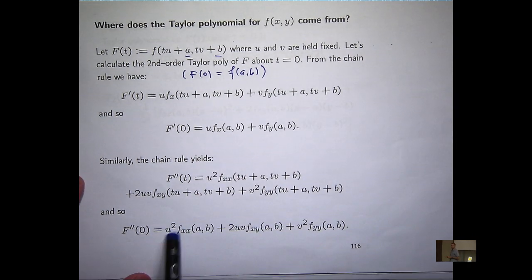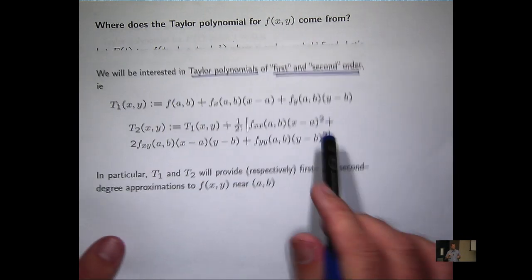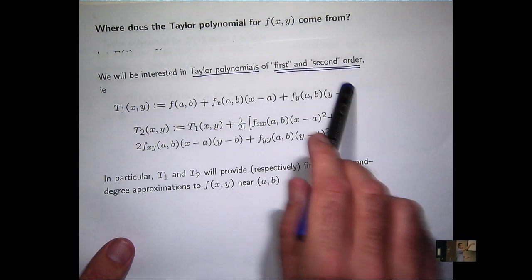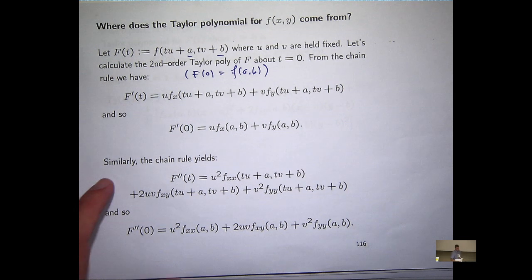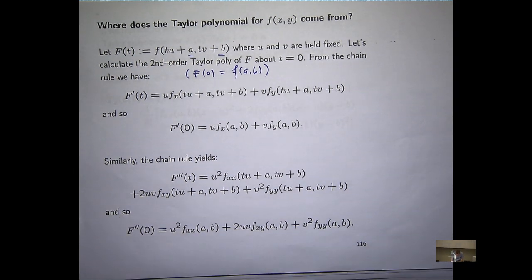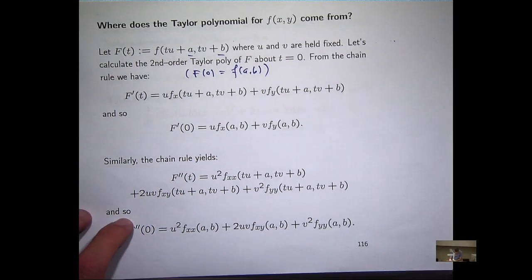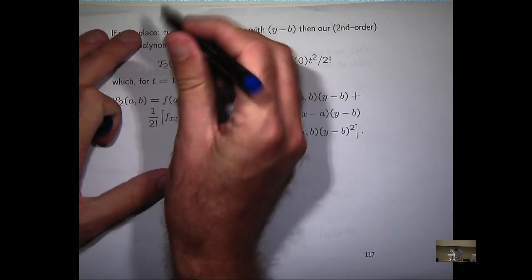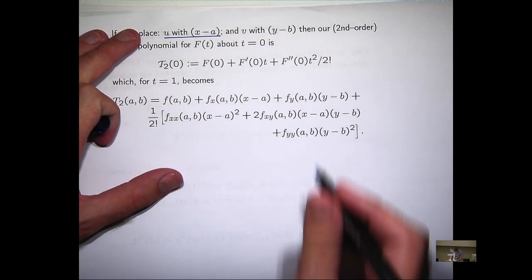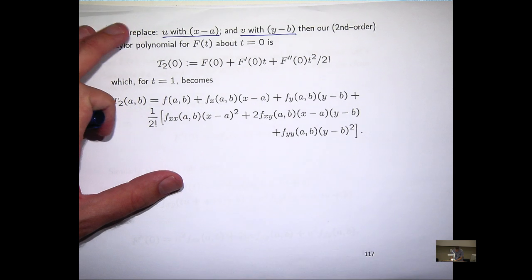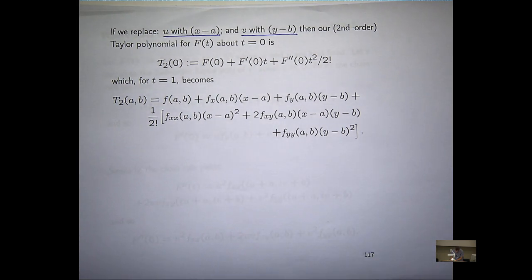Are you starting to see a familiar pattern here when you compare it back with this and this? The only thing that's here that's not on the other page is the u and the v's. Well, we can just replace u with x minus a in brackets and v with y minus b in brackets.